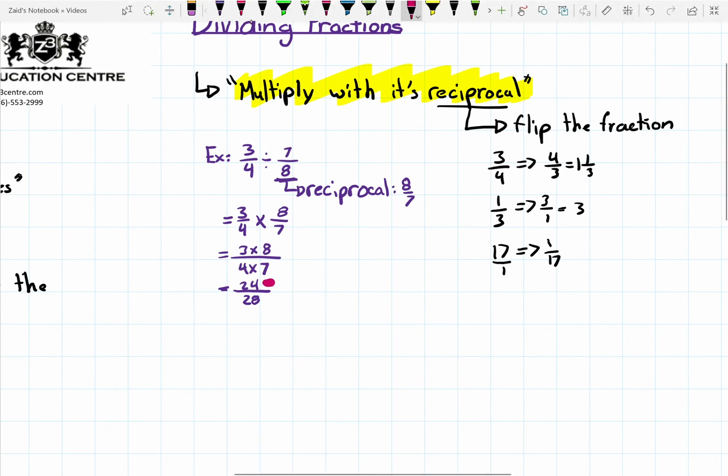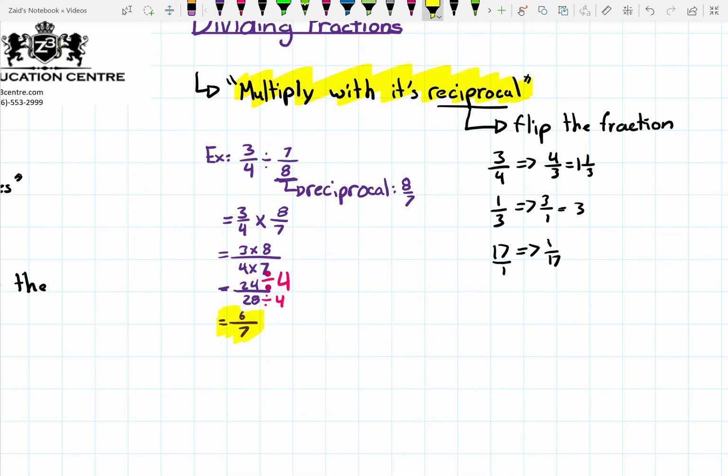So I would divide the numerator by 4 and the denominator by 4, and I would get 6 over 7. So that would be our final answer.